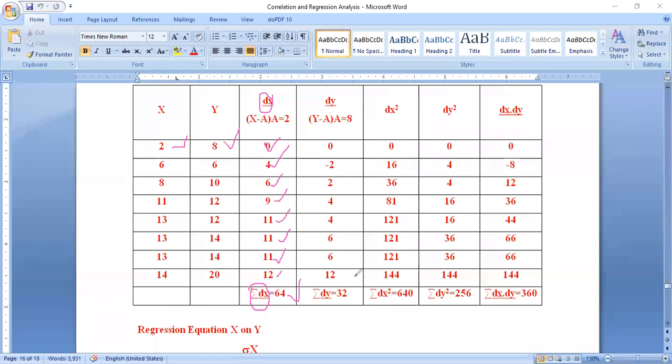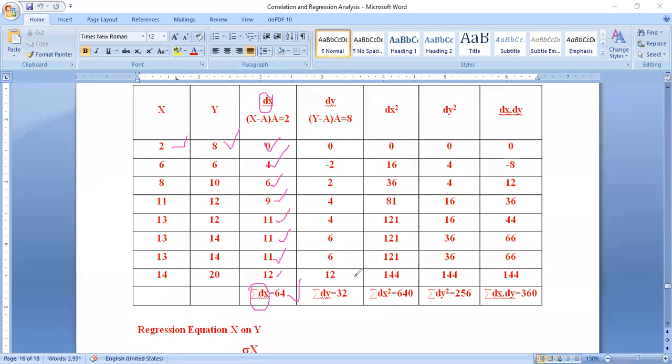After completing dx square and dy square, next we find dx into dy: 0 into 0 is 0, 4 into minus 2 is minus 8. It is very simple.